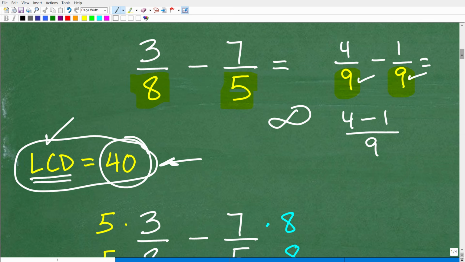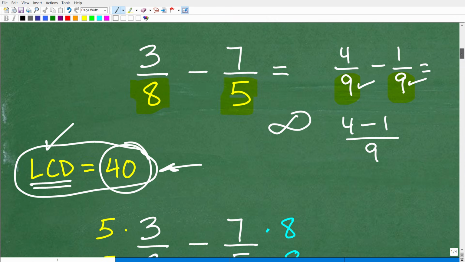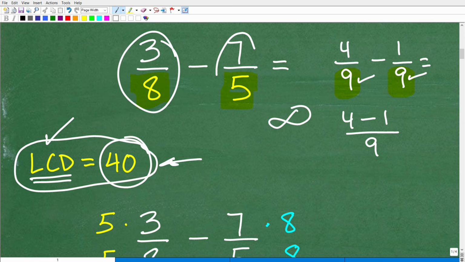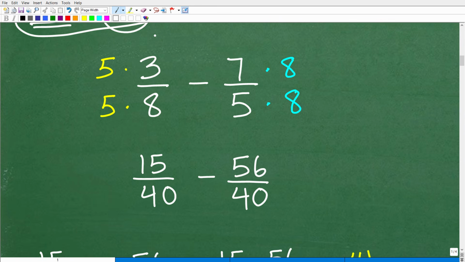So what does that mean? Well, it means that we need to rewrite, let's go up here real quick, each of these fractions such that the denominators become 40. We're going to have to fix up these fractions such that they have brand new denominators of the value of 40. So let's see how we can do that. All right, let's focus in right here. We have 3/8.